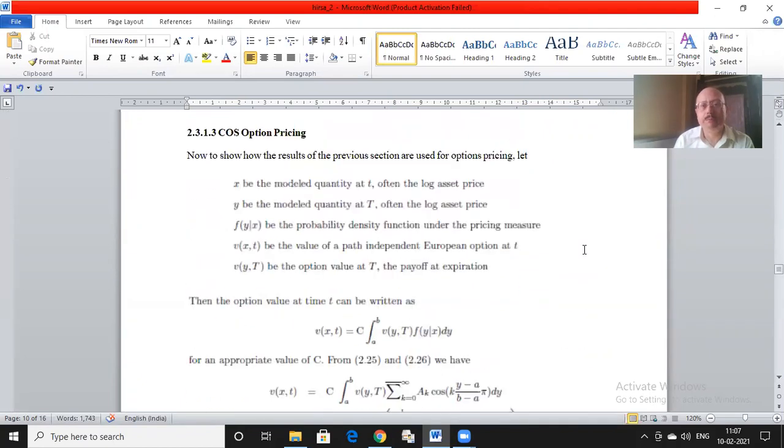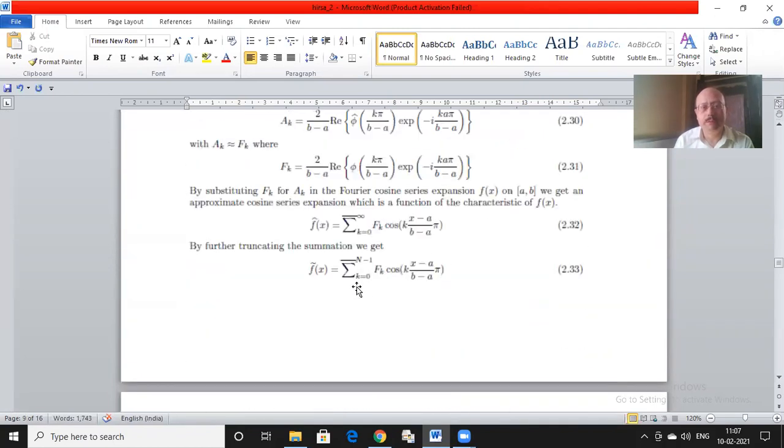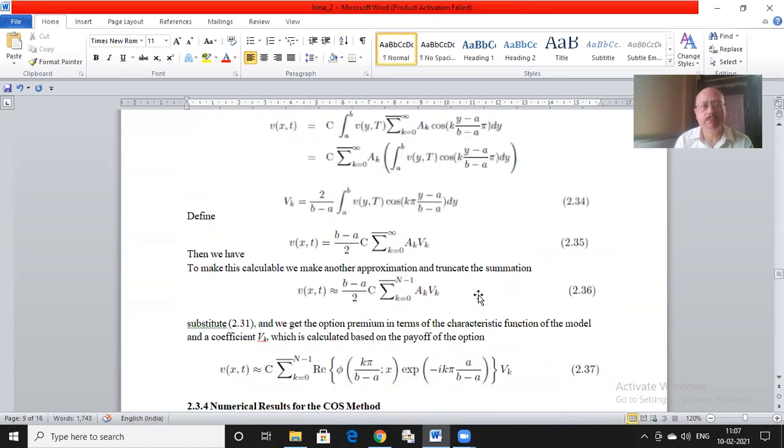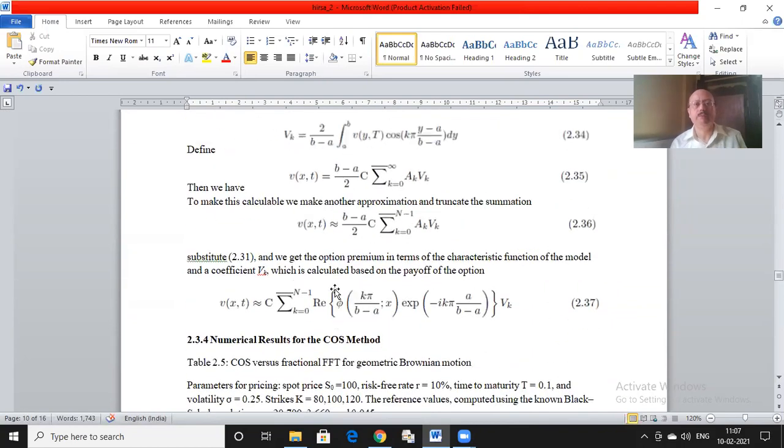Okay, so I substitute this 231 expression here. If I substitute the 231 expression, we get the option premium in terms of the characteristic function of the model and a coefficient Vk, which can be computed through this formula. So what we finally have is the following.